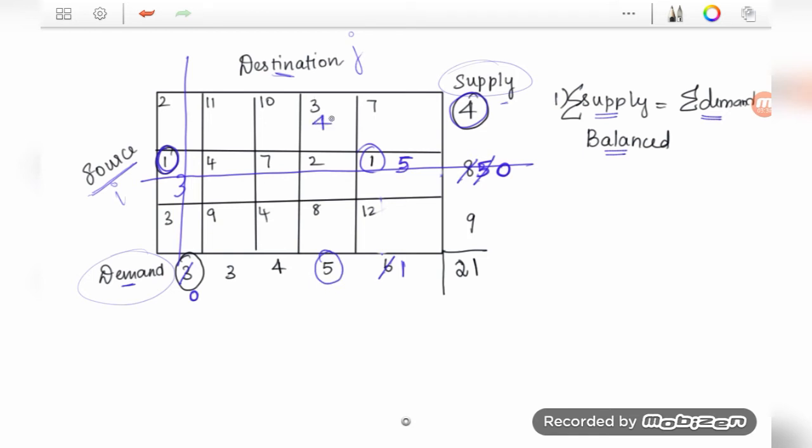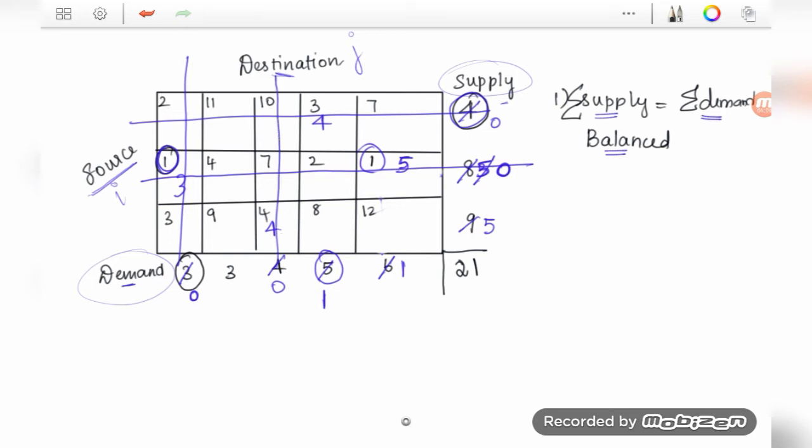So I'll write down 4 over here, make it 0, cut this whole row, and make this 1. Now the next smallest element: again you have another 4 over here. Checking the corresponding row and column, you'll find that the demand is smaller than the supply. So we'll take 4 over here, subtract it from here as well, and cut this column off.